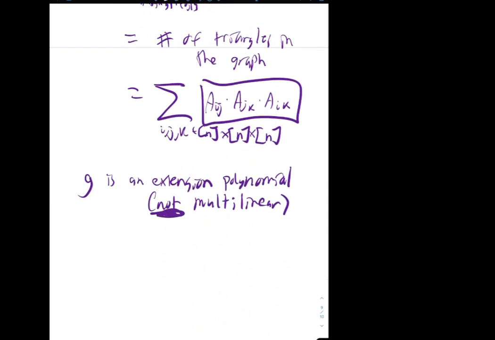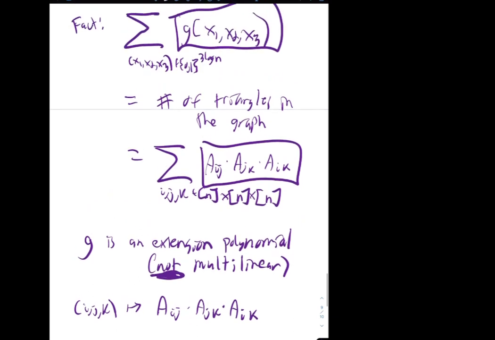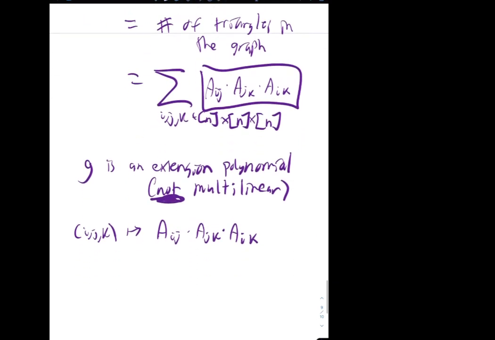So G is an extension polynomial of this function here, where we map (i, j, k) to a_ij times a_jk times a_ik. We define G so that this would be the case. I really have no choice but to abuse notation here. Here I'm viewing A as a matrix and i, j and k as numbers between 1 and n.